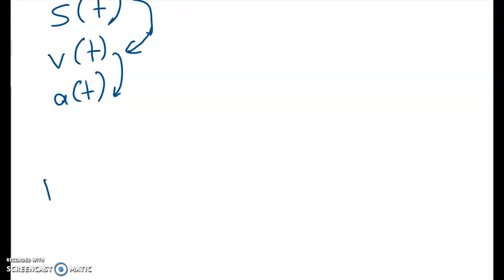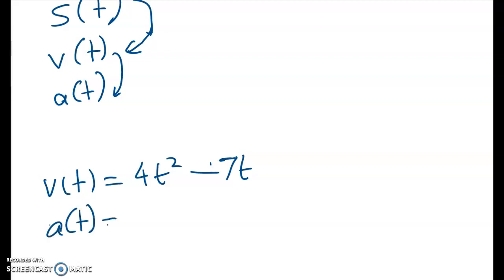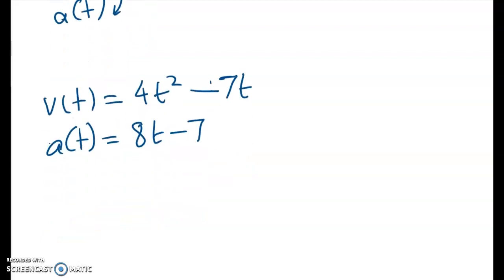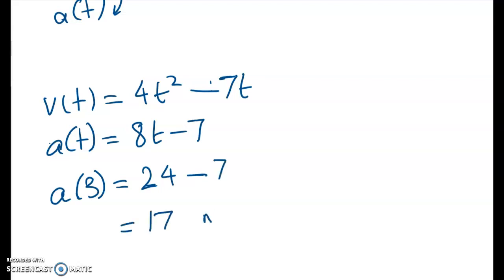So we're starting out here with a velocity function, which is a quadratic, so it's 4t squared minus 7t. And then acceleration will be 8t minus 7. We need to evaluate that when t equals 3, so we simply substitute in 3, and we get 24, take away 7, which is 17, and the units will be meters per second squared.